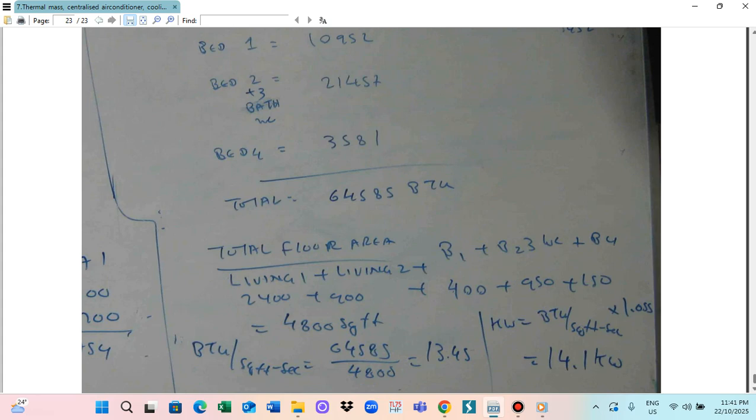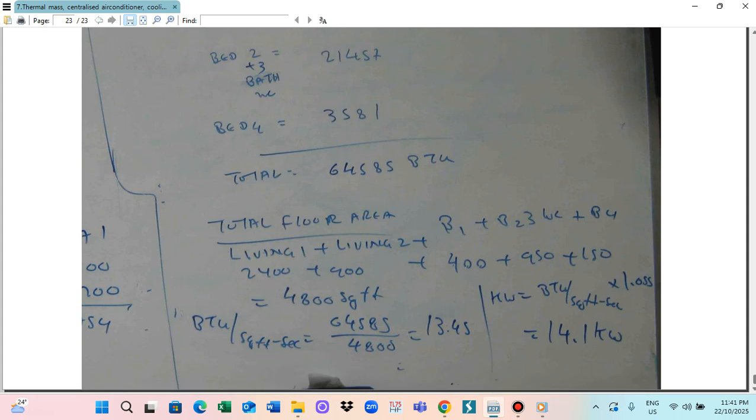So now we change to the floor area. Then we can calculate the total floor area. So total floor area is living room 1 plus living 2 plus bedroom 1 plus bedroom 2 3 WC plus bedroom 4.